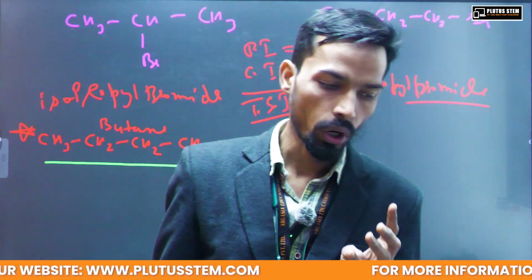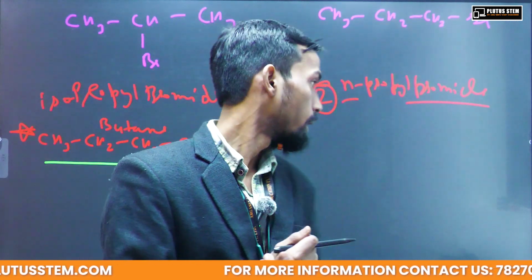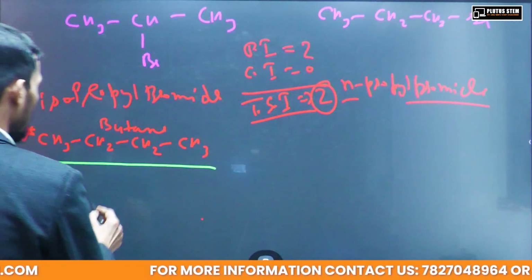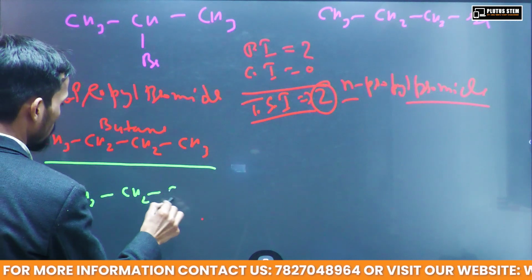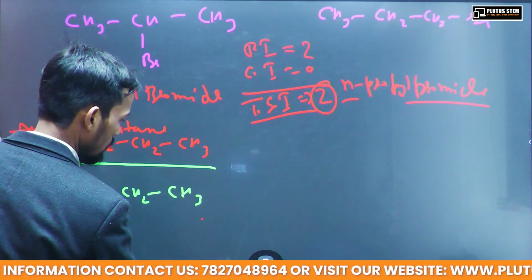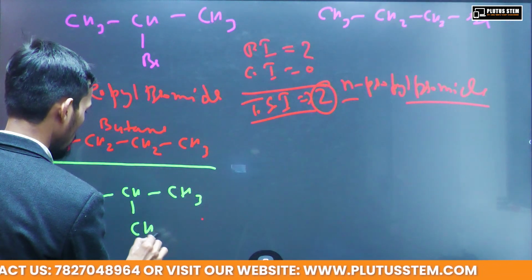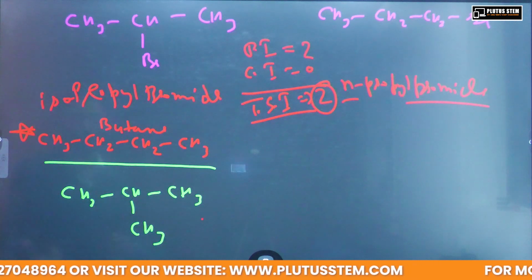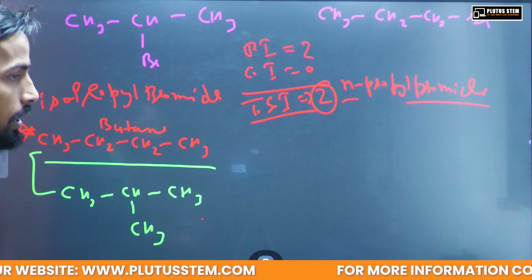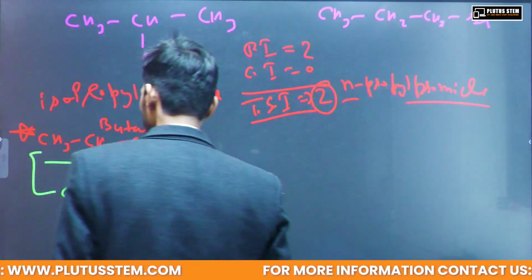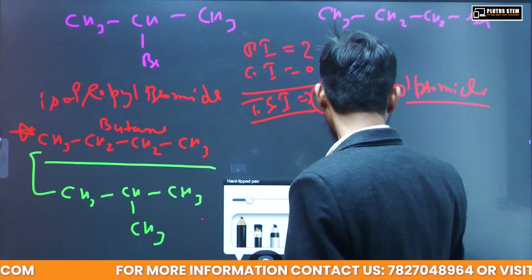For carbon 4, we have seen C4 has 2 isomers, and if we draw another isomer, that was like this. Like this or not? These two were the isomers. When we talk about the hydrocarbons, these two isomers we have seen. Yes or no?